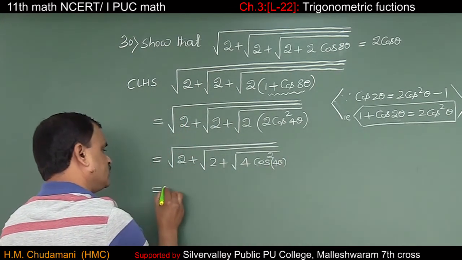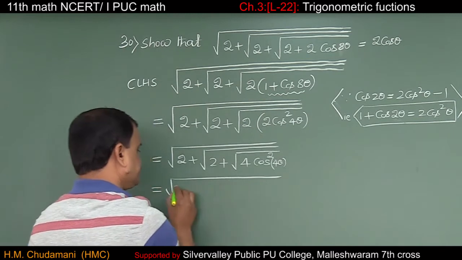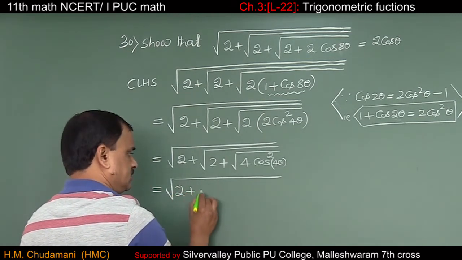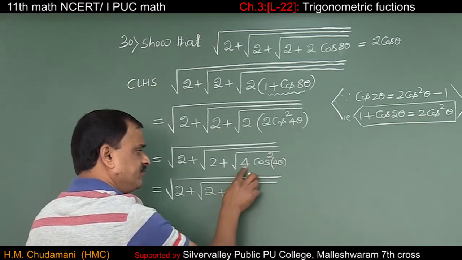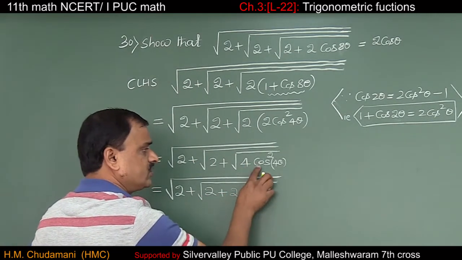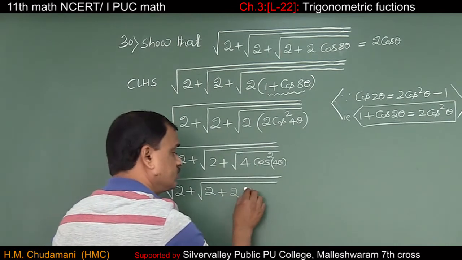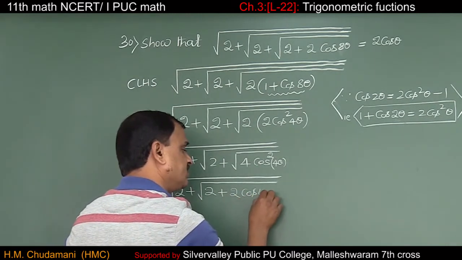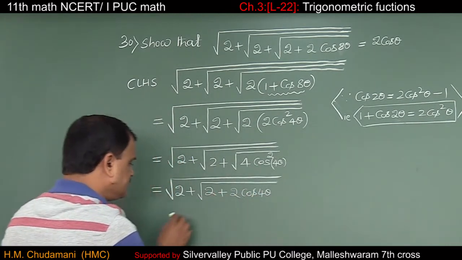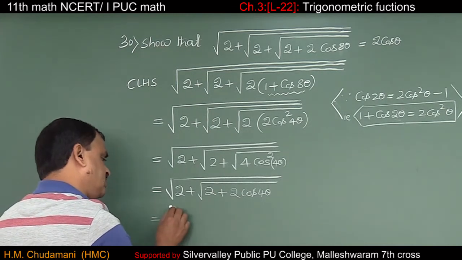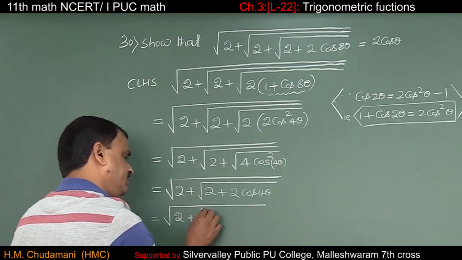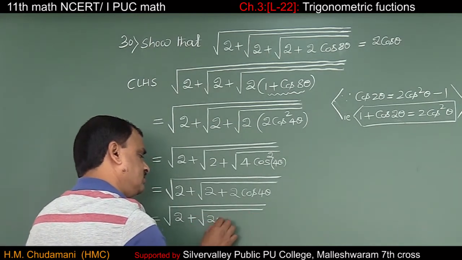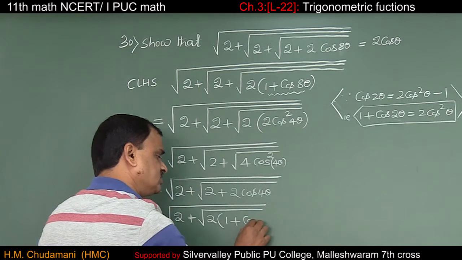See, this is equal to root of 2 plus root of 2 plus, 4 outside the root means 2, cos square outside the root means cos 4 theta. Between these two, common; again, between these two, common. If I take 2 common, 1 plus cos 4 theta.